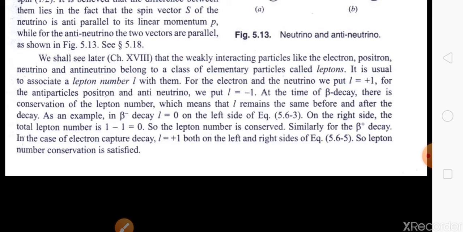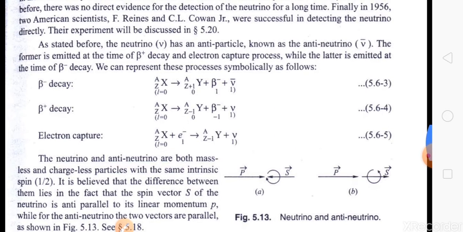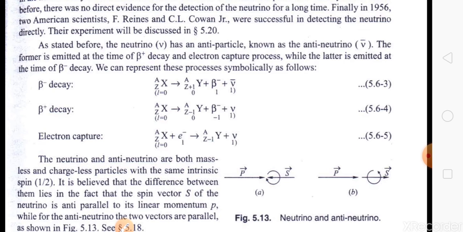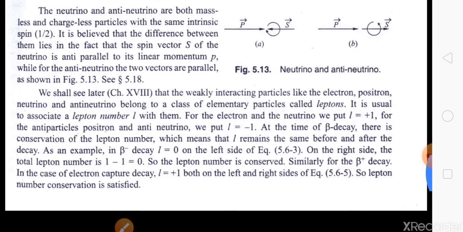On the right side, the total lepton number is 1 minus 1 equals 0. Here the electron has lepton number 1 and the antineutrino has lepton number -1, giving 0. So the leptonic number is conserved in nature.